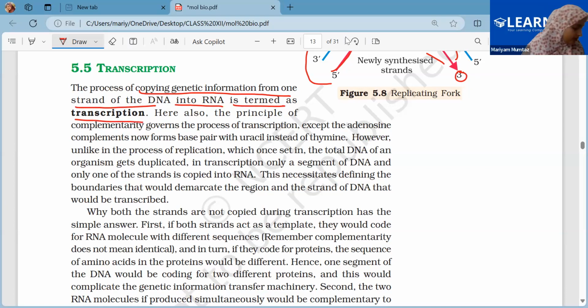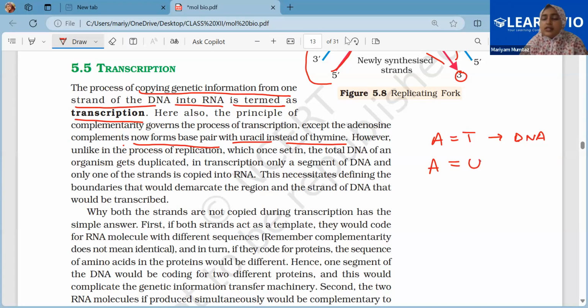Here also the principle of complementarity governs the process of transcription, except that adenosine now forms a base pair with uracil instead of thymine. Normally adenine forms a bond with thymine, but for RNA, the thymine gets substituted by uracil.